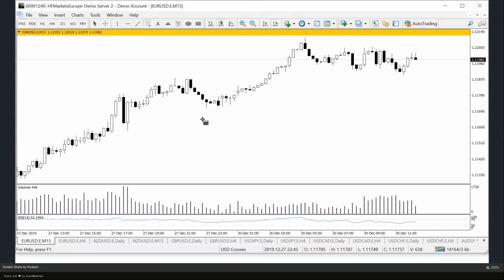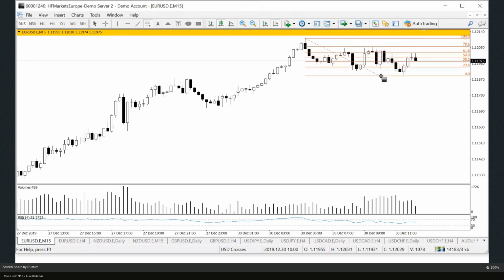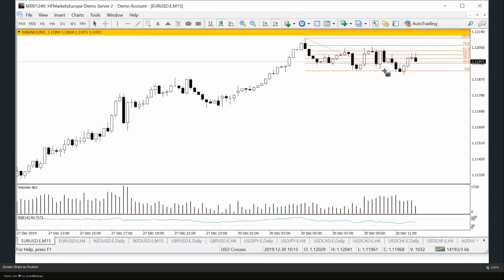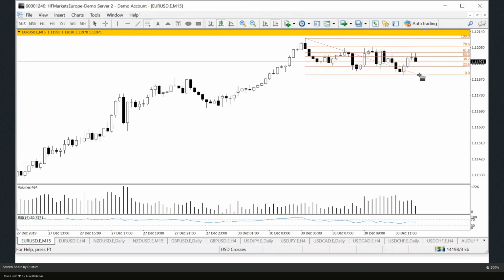The other thing is, prices come up there, and then it makes a higher high. I pull the Fibonacci down, and it didn't get to the 78.6, so I'm not too interested in coming down there. If this was inside the level, I would be looking at trading the 78.6 sort of M pattern here.